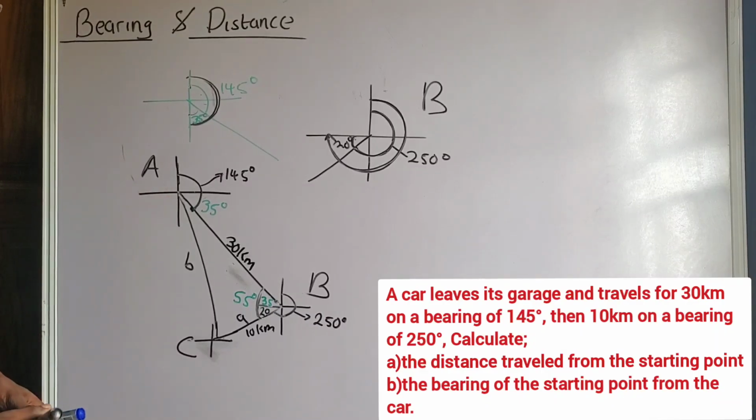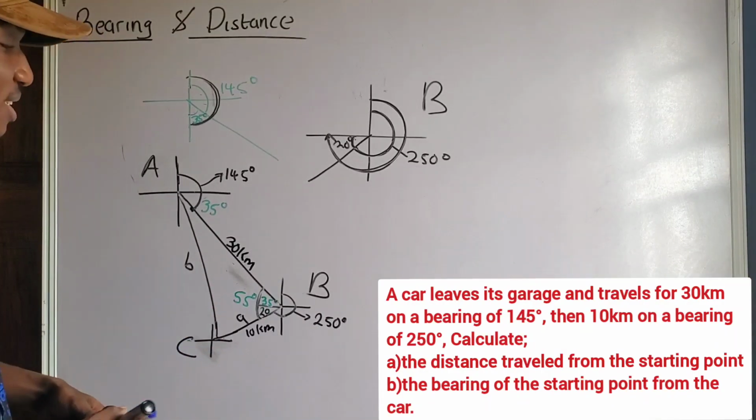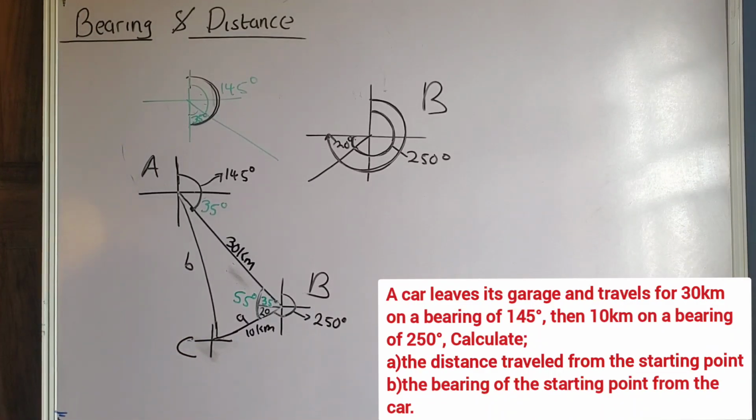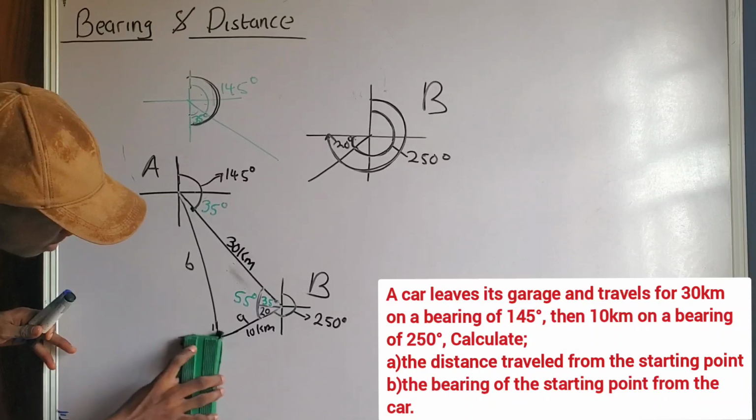Do you understand? Okay. Now let us use the cosine rule to determine the value of b. Now with respect to this diagram, okay, let me draw this diagram very well. Let me draw this point very well, okay?